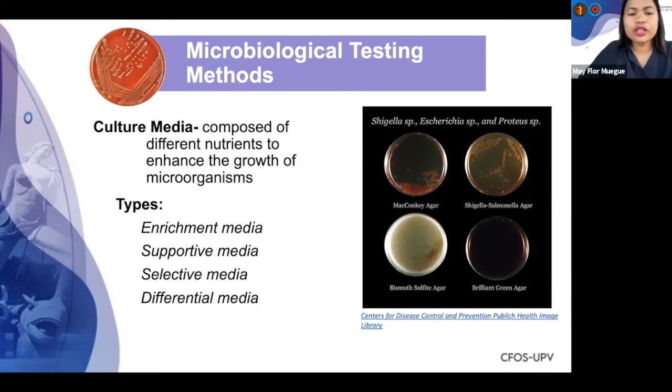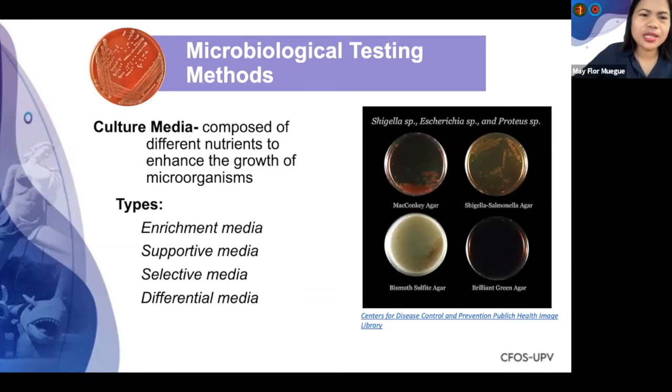And then yung differential media naman is used to grow or used to differentiate a certain or specific species from a group of related species. So for example, gusto mong i-identify yung Vibrio species.